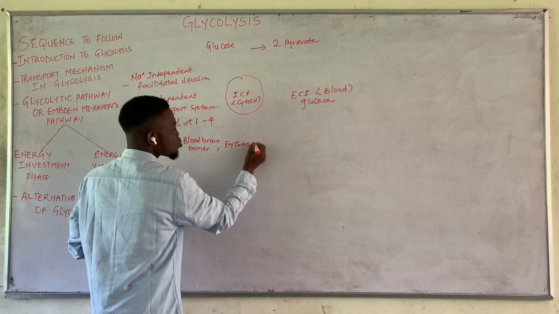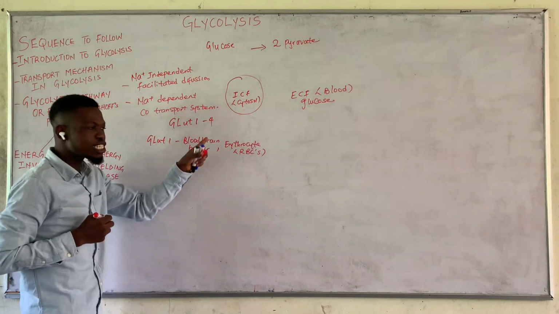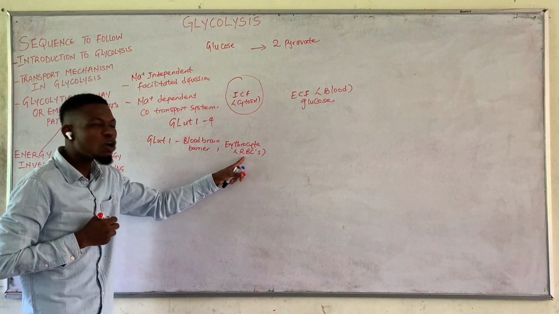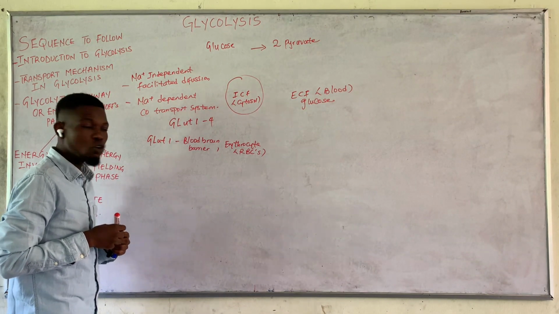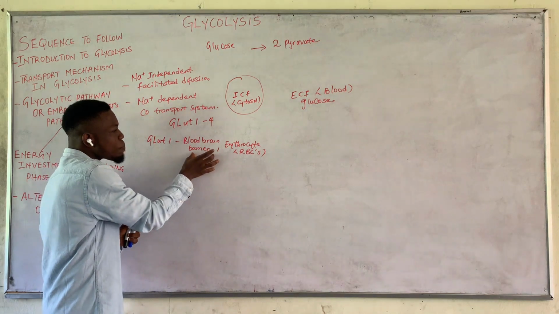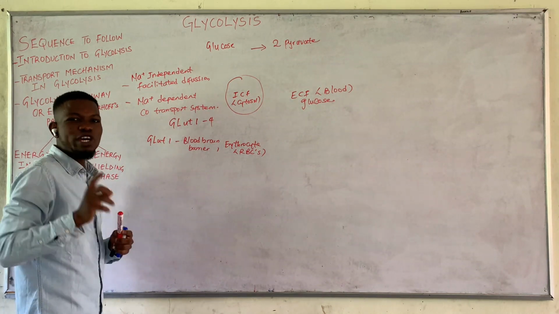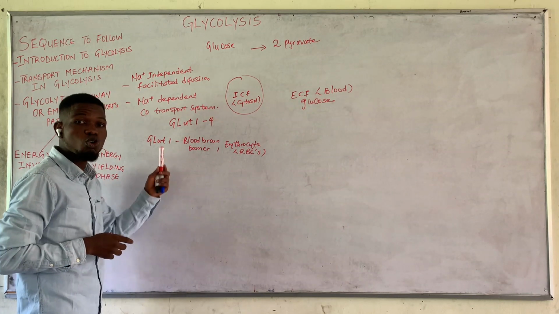When we talk about erythrocyte, that means the red blood cells. So in the blood-brain barrier and the erythrocyte, glucose transporter 1 is very high, but it can also be seen in adult muscle, although it is very low there.